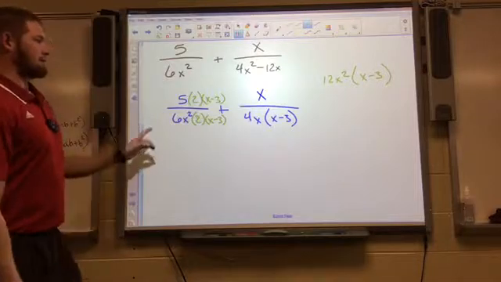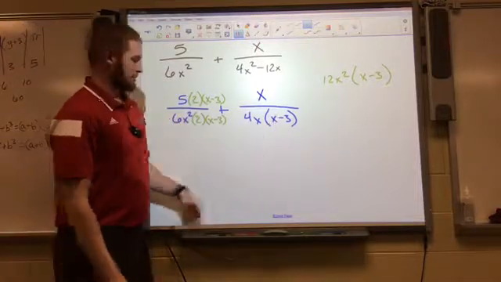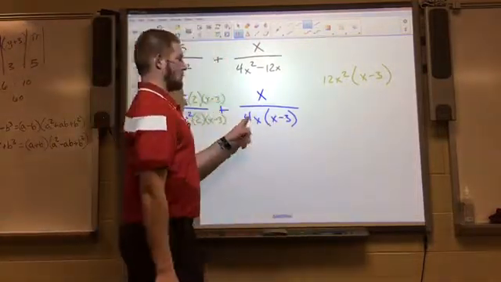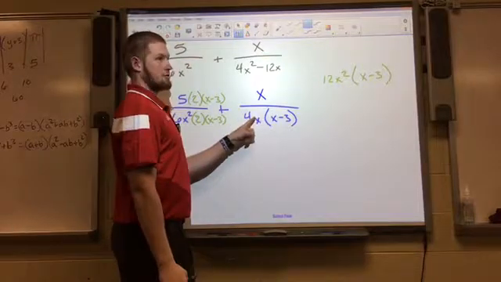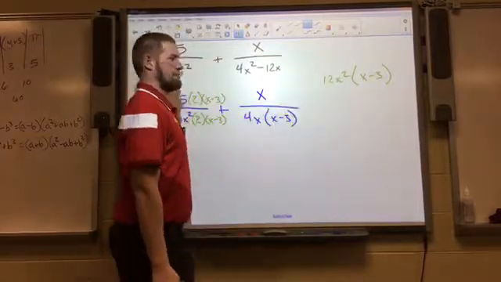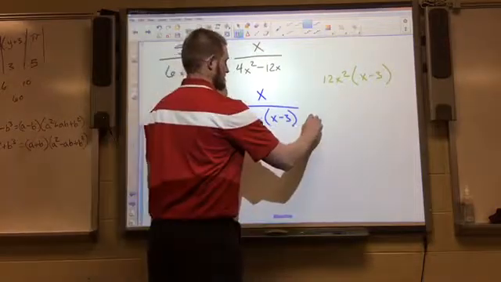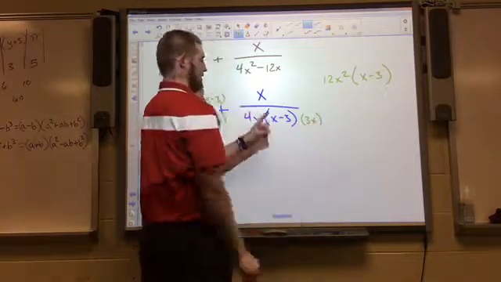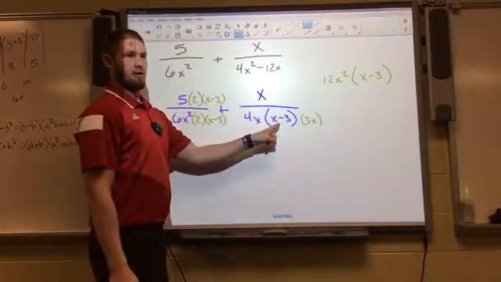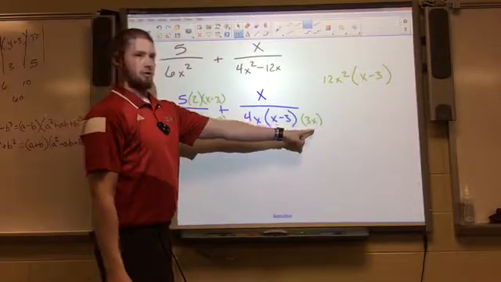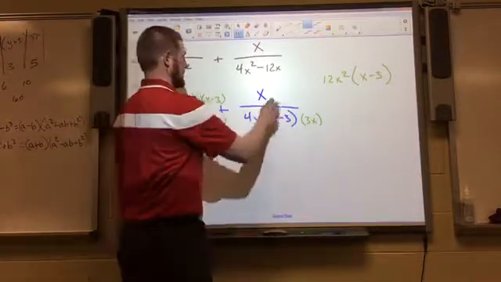Now I have to come over to this other side. What do I need to make this 4x into a 12x squared? I need a 3x. I already have my x minus 3, so I don't need that, correct? If I did it to the bottom, I got to do it to the top.